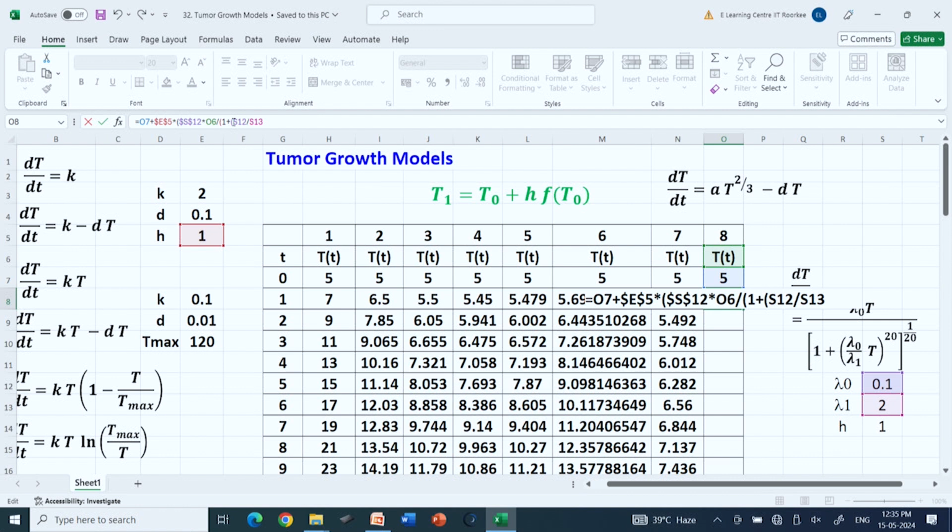Again, this is a constant, lambda 0 divided by lambda 1.